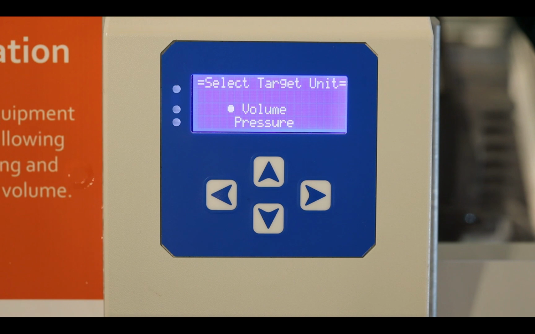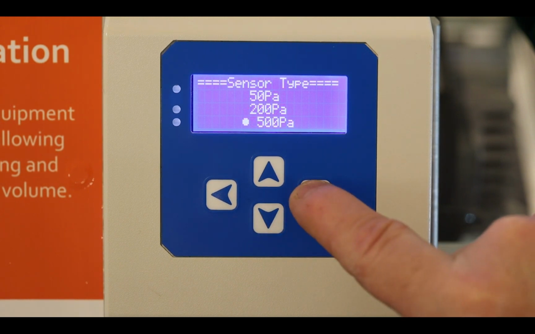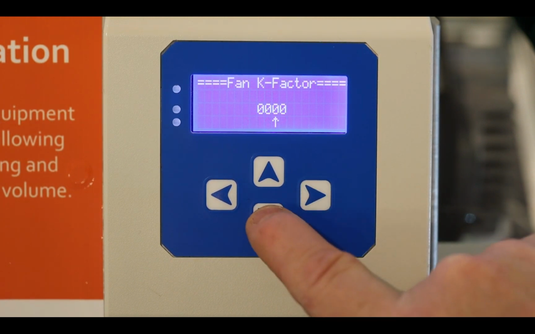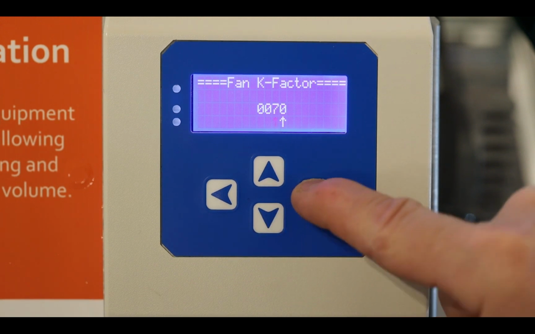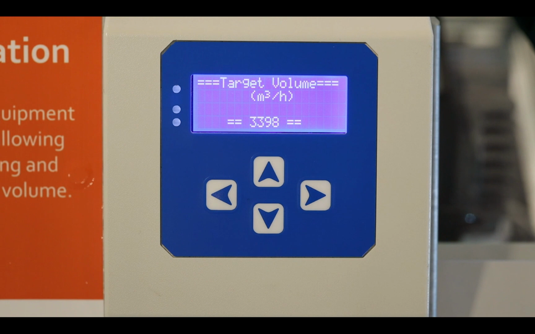In this example, we will choose volume flow, set the pressure range at 500 pascals, and the K factor of the inlet ring is 76. Once entered, we can set the desired volume flow set point at 2,500 meters cubed an hour.